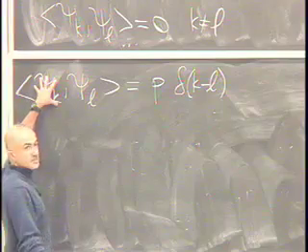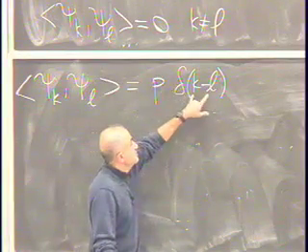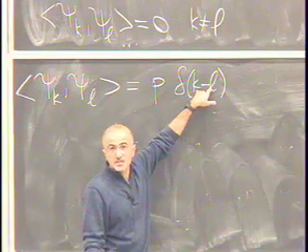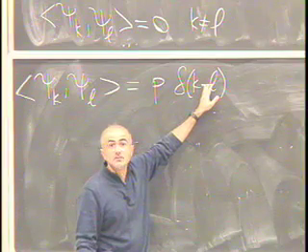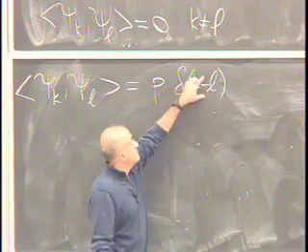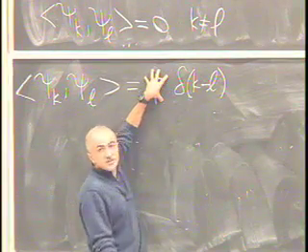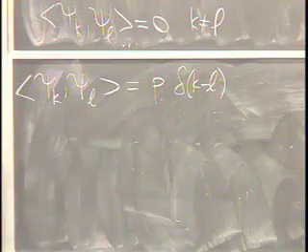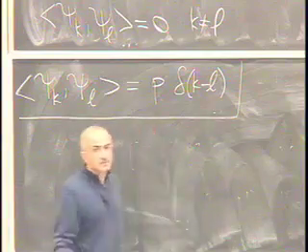The inner product of ck and cl is non-zero only when k is equal to L. If k is not equal to L, what's on the right-hand side? 0. And when k is equal to L, this delta is 1. And what do I have to put in front of it? P. So that's a summary of the situation between these vectors.